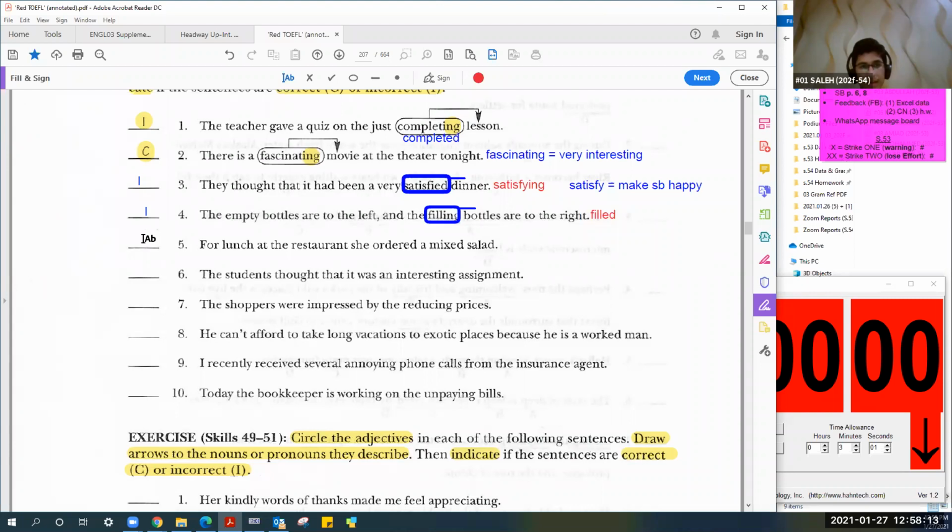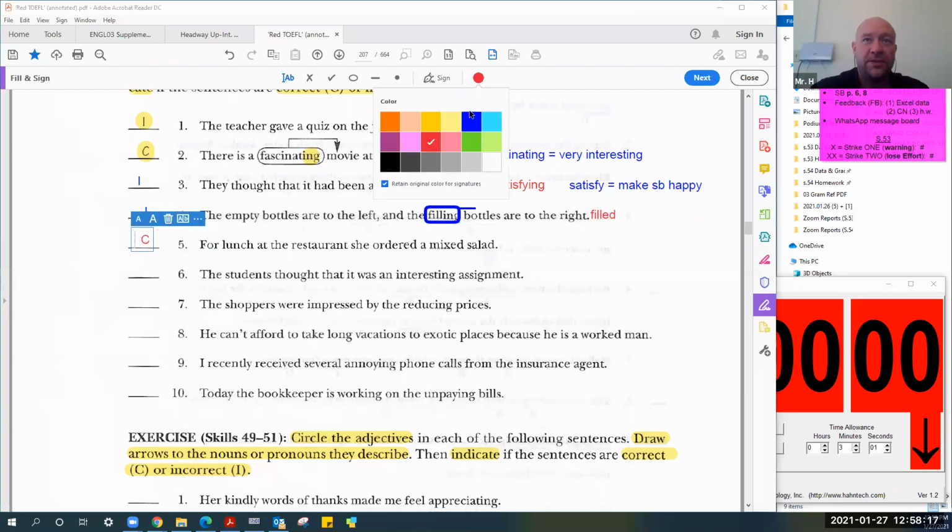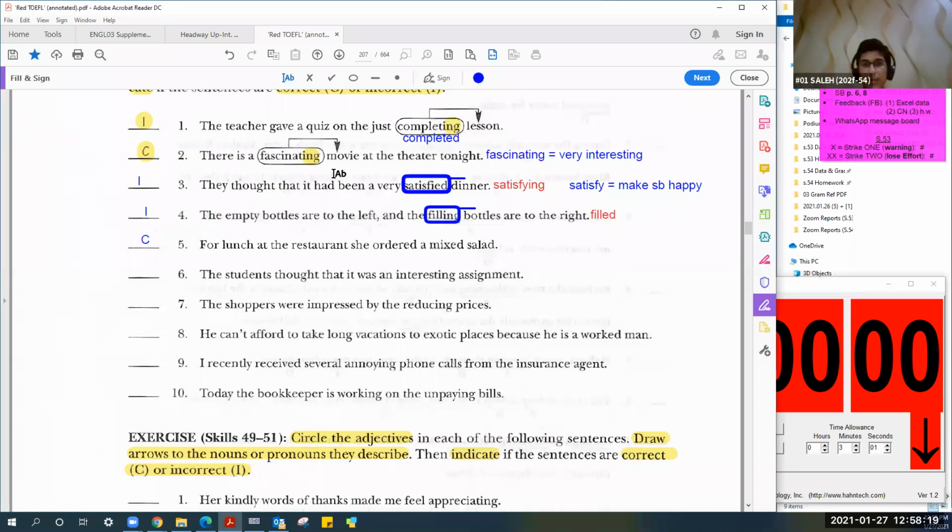Saleh, next one. It's correct. Why do you think that's correct? Because the salad was mixed, and it didn't do the action. Yeah, and we're describing the salad, right? Yes, it is correct. Well done. Abdulaziz Al-Hedji, I think it's correct. Let's see.